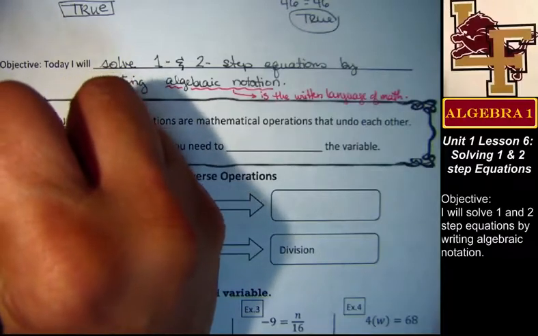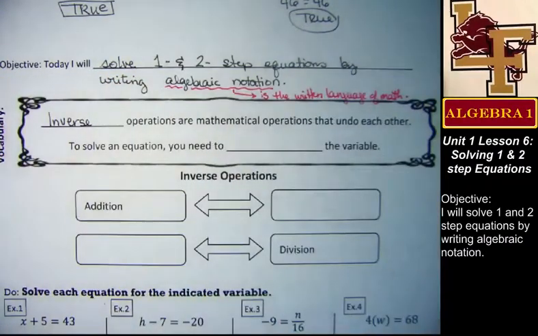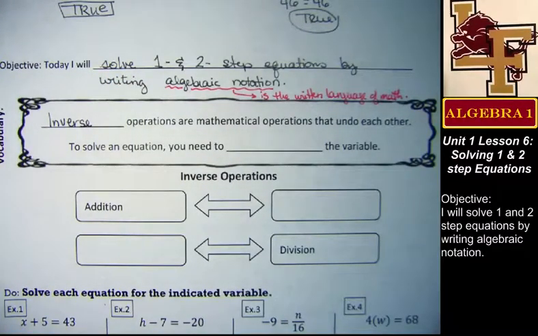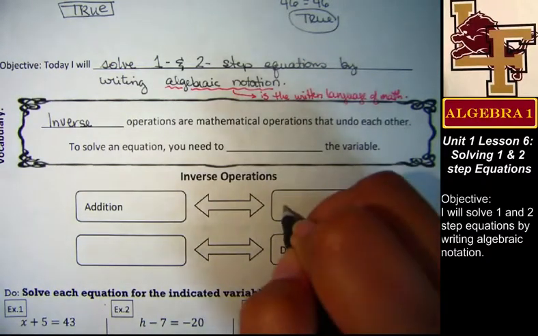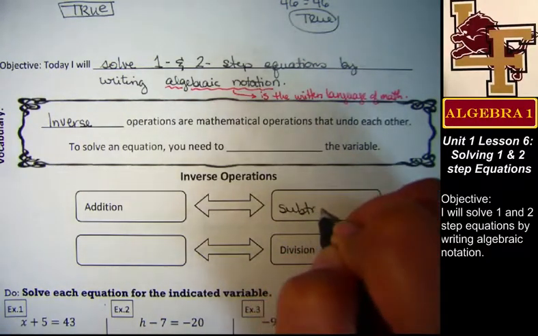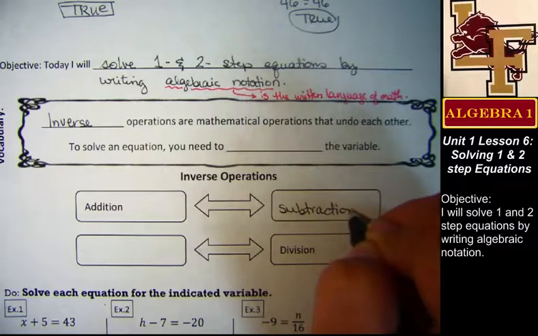Some vocabulary. Inverse operations are mathematical operations that undo each other. So if I added 10 points to your score, and then I went, oops, my bad, and I took them away, those would be inverses. Addition and subtraction are inverses.